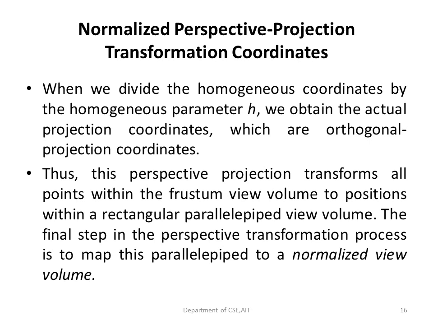So the final step in this perspective transformation will be to normalize. That is why we now go for the normalized perspective projection transformation coordinates. We'll see how we can go for the final step of mapping from this rectangular parallelepiped view volume to the normalized view volume.